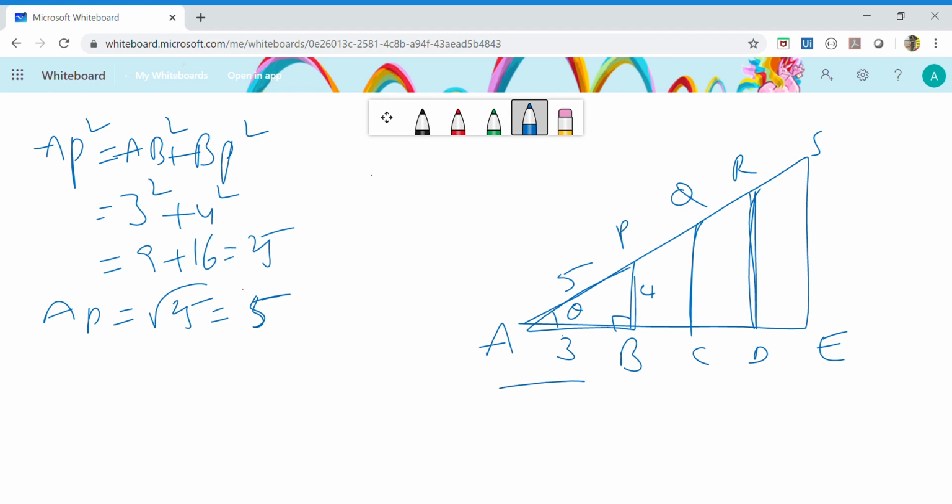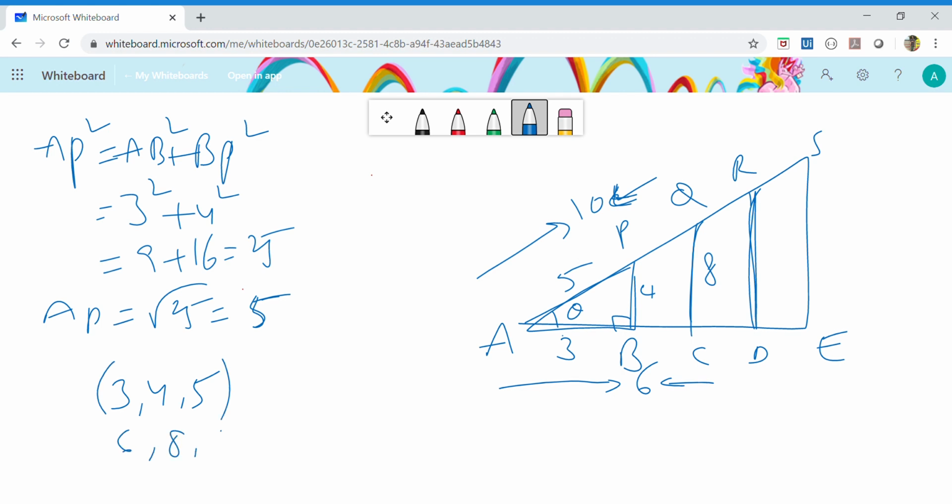If AC is equal to 6 and CQ is equal to 8, then what about AQ? Automatically 10. The multiples of Pythagorean triplets are also Pythagorean triplets. The first Pythagorean triplet is 3, 4, 5. The multiple is 6, 8 and 10. This is also a Pythagorean triplet.